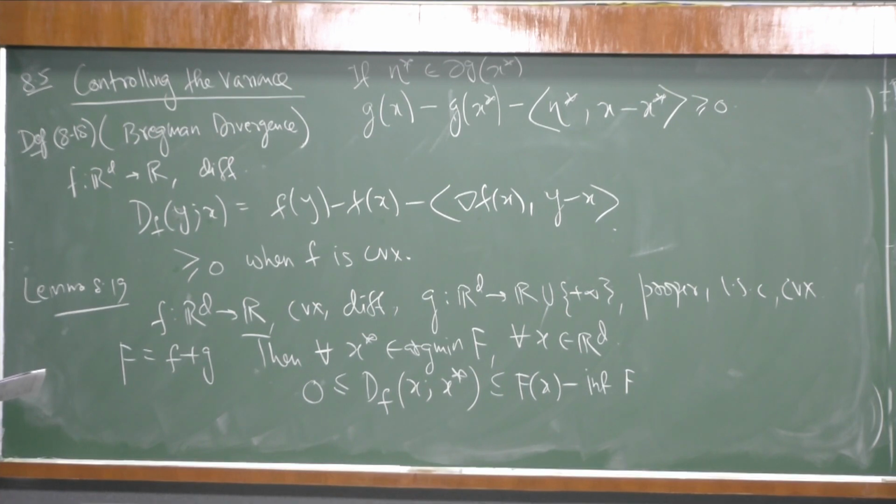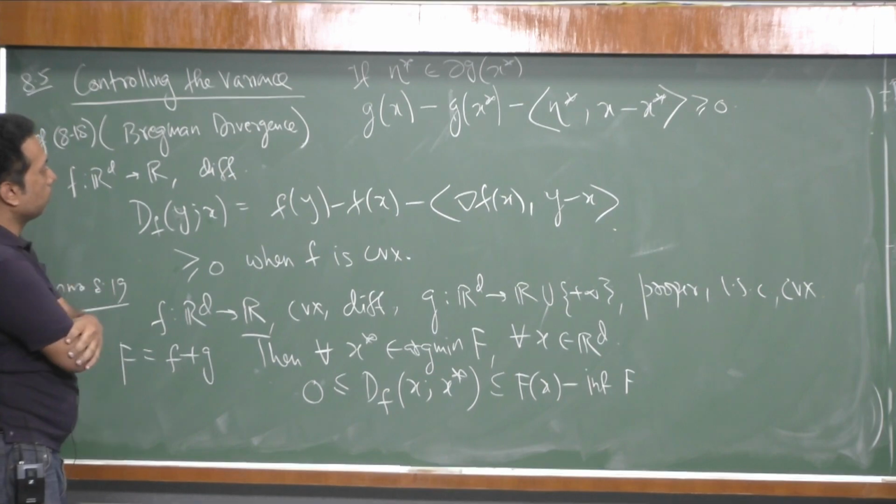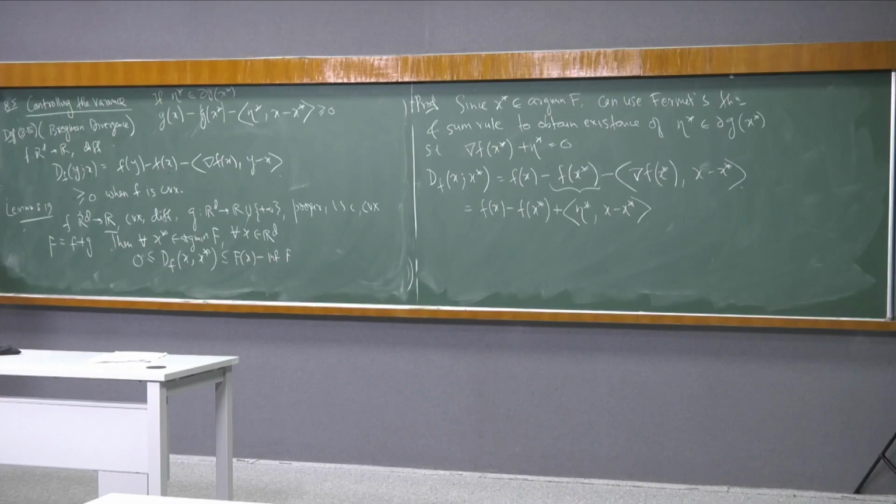So we will solve for this basically. So eta star times (x minus x star) will be less than or equal to g(x) minus g(x star), and then we will add the f terms. F(x) plus g(x) is capital F(x), and g(x star) plus f(x star), the way capital F is defined as the addition of the two, that would be the infimum.